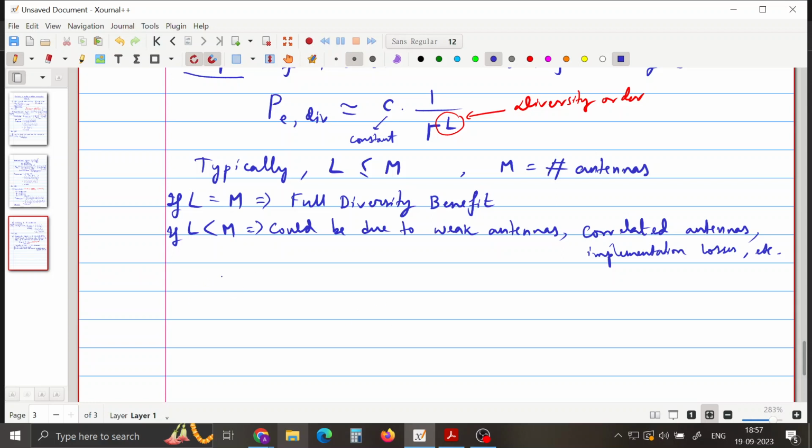So intuitively what you can say is, let's say there are L branches, 1, 2, 3, and so on till L, over which your communication is happening.